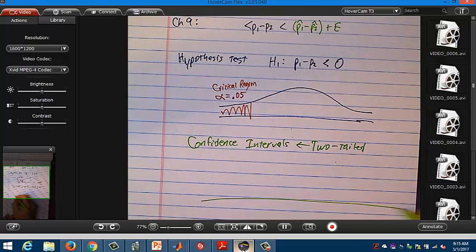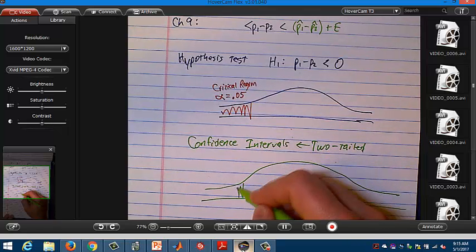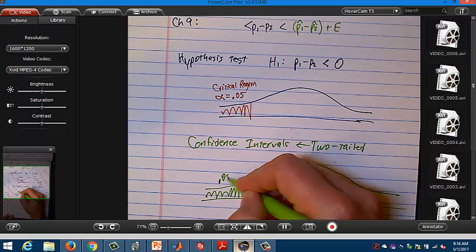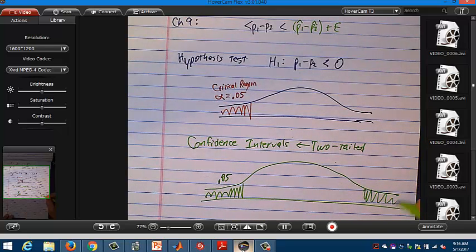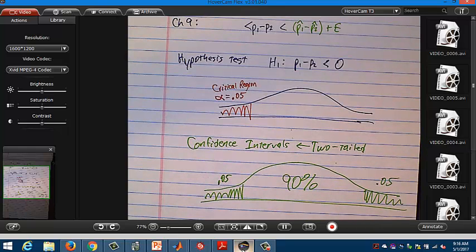And so what we do here is we say, well, if we want to kind of match up and test the claim that we did before, I still want this to be 0.05. But because it's two-tailed, I'll put another 0.05 over here. And so what kind of confidence interval matches? A 90% confidence interval. And that's why they're doing it. You'll see that in the book when you look at the homework.